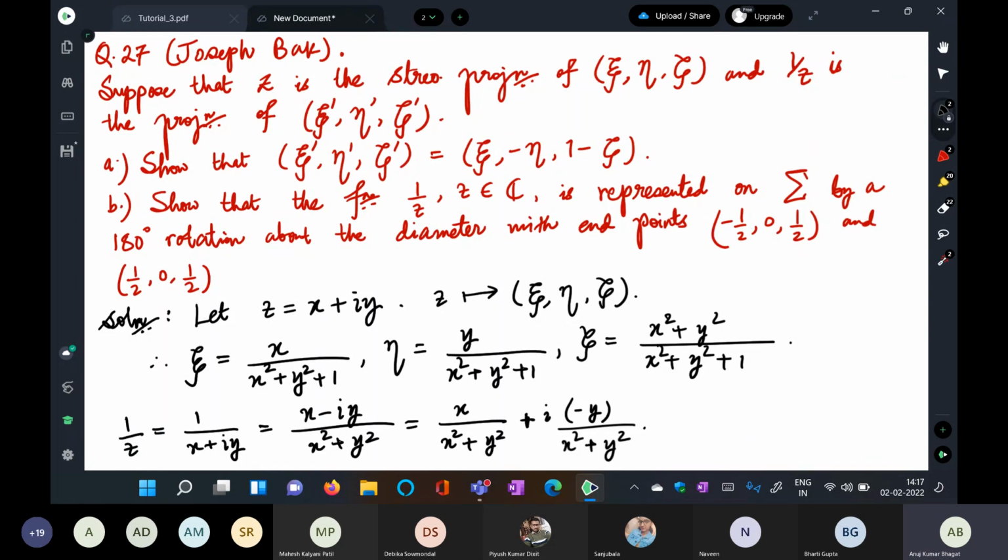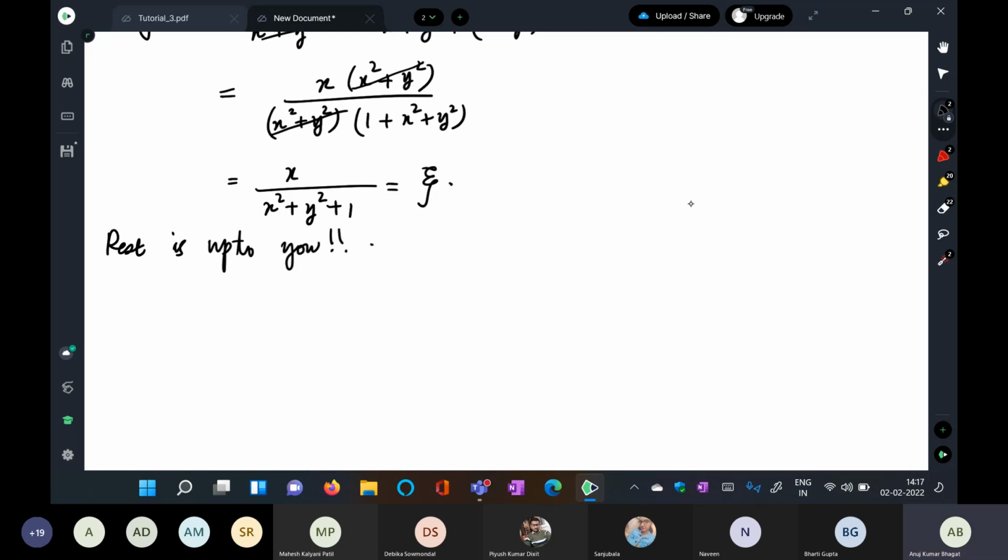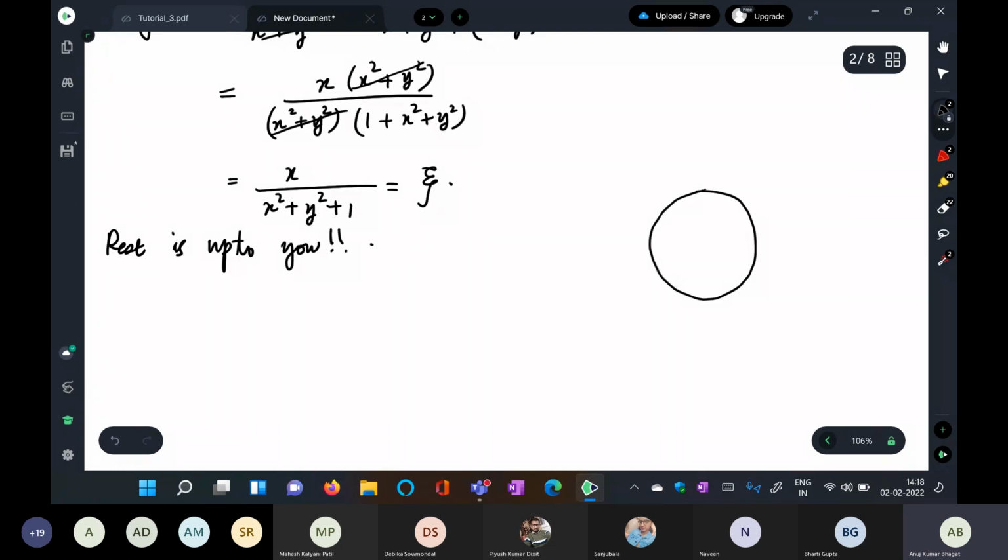Show that the function 1 by z, z in C, is represented on the sphere by a 180 rotation about the diameter with endpoints. Okay, so let me try to draw something roughly. Let me first draw the sphere. So this is the sphere. Here is the origin, it passes through the origin, right?